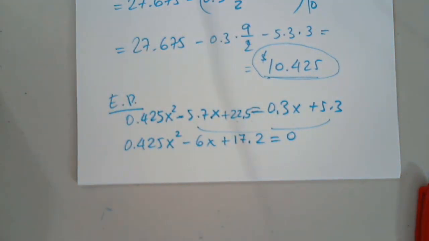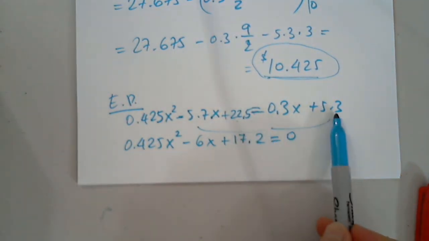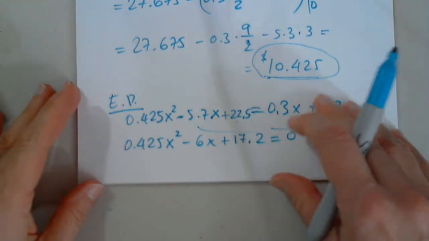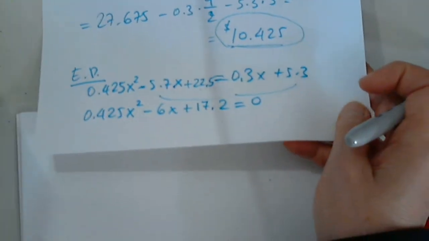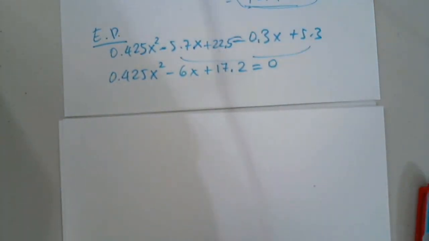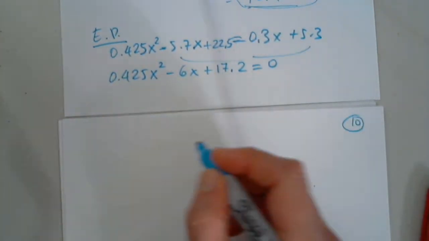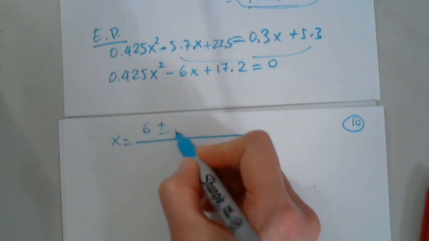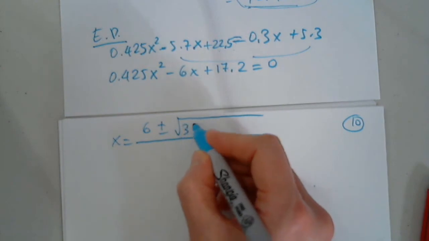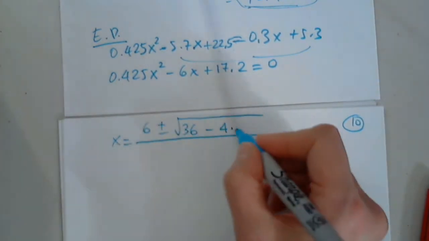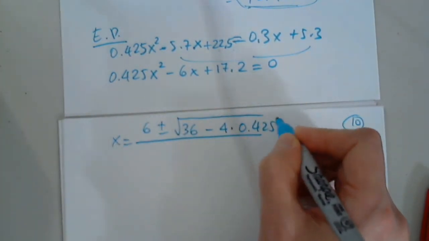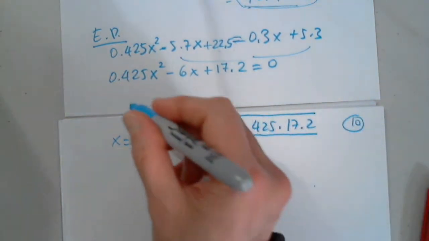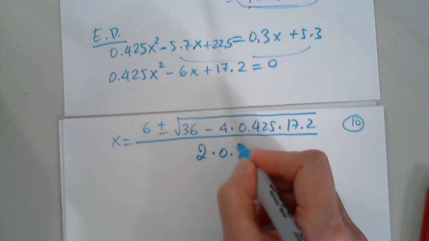Ugly equation, I have no choice. Am I correct here? Yes, I am correct. So I have no choice but use the quadratic formula and find x. So x equals negative b plus or minus the square root of b squared minus 4ac, divided by 2a. Ugly.